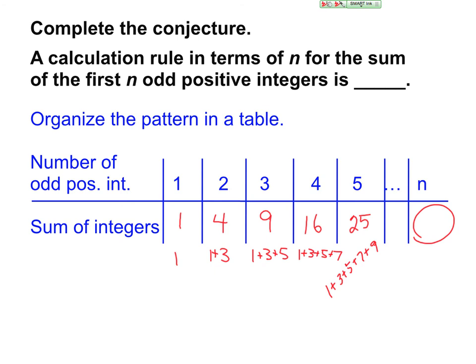So if I tell you this number is the sum, that number squared. Notice how that works on this pattern? If there are 2 of them, the sum was 4. If there are 3 of them, the sum is 9. So if I tell you how many there are, the total when you add those numbers up would be n squared.